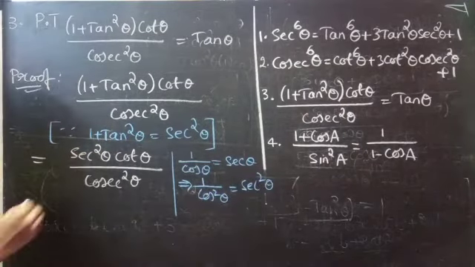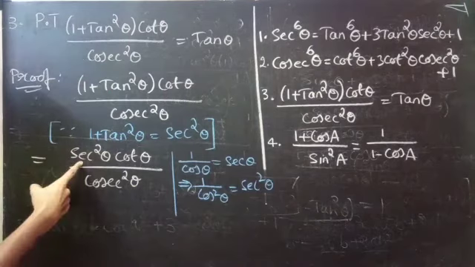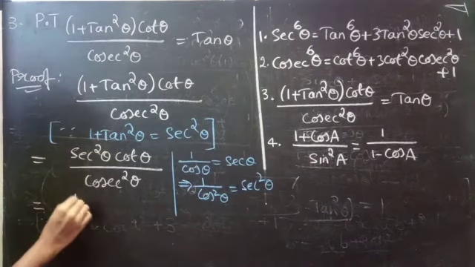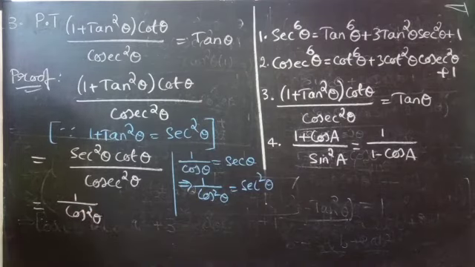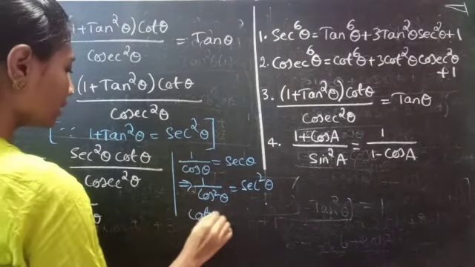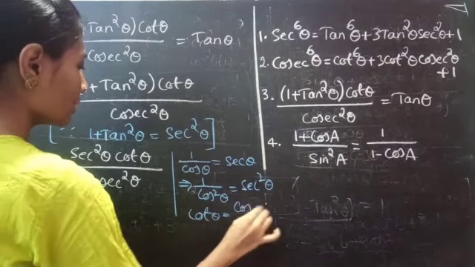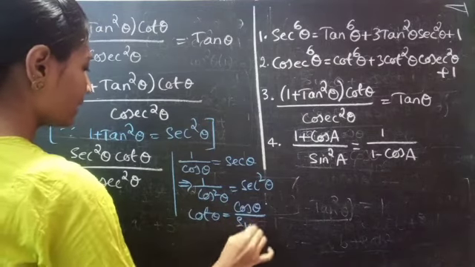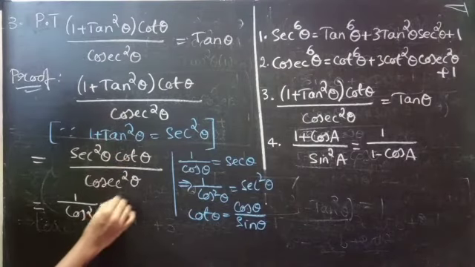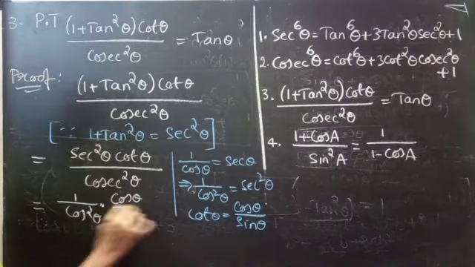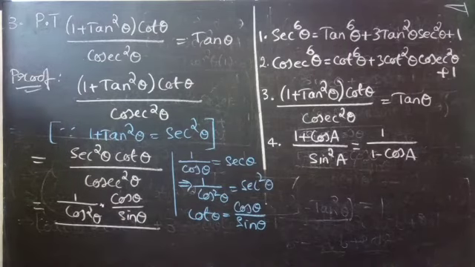So this equals, now replace secant square theta with 1 by cos square theta. And also you know that cot theta equals cos theta by sin theta. So now replace cot theta with cos theta by sin theta, divided by cosecant square theta.